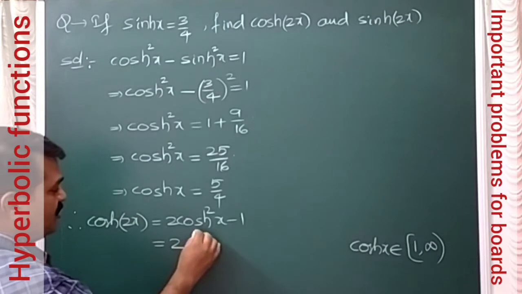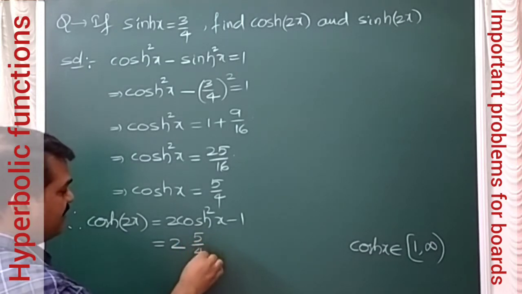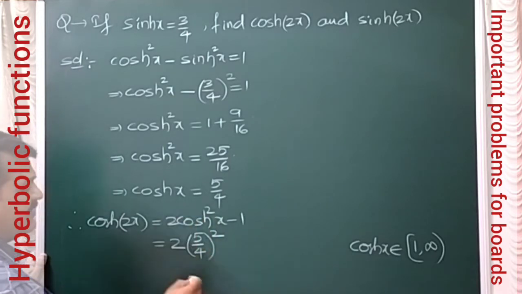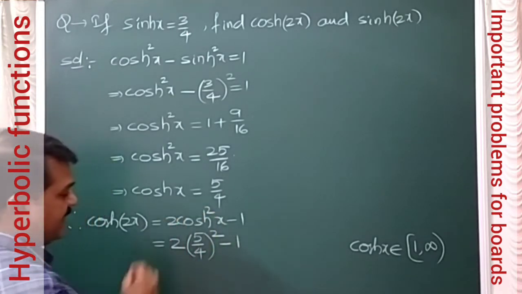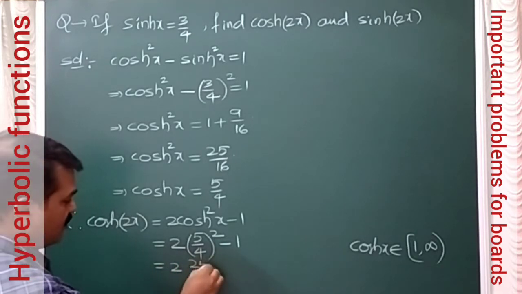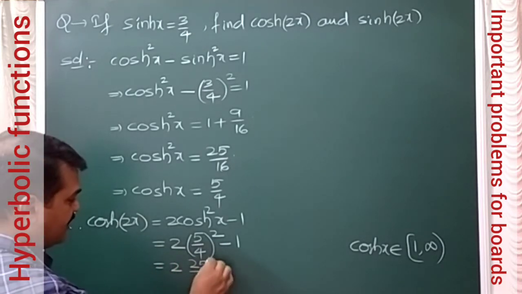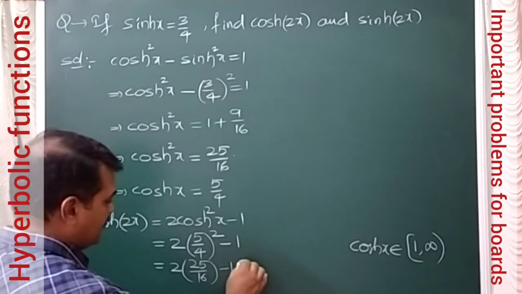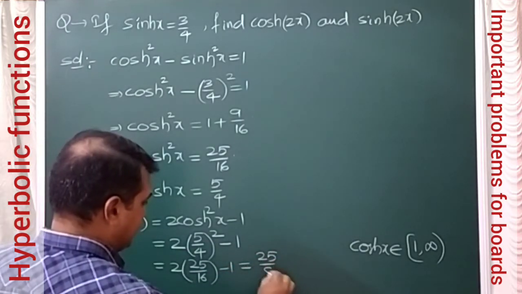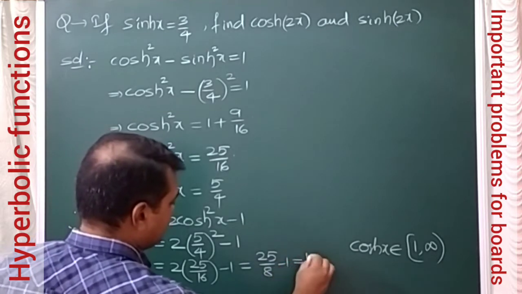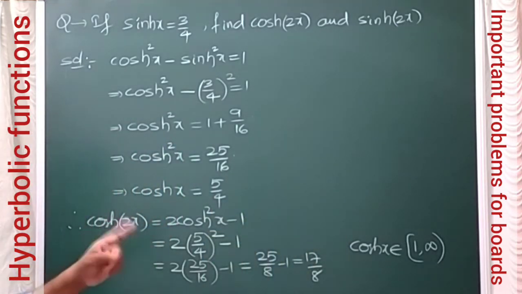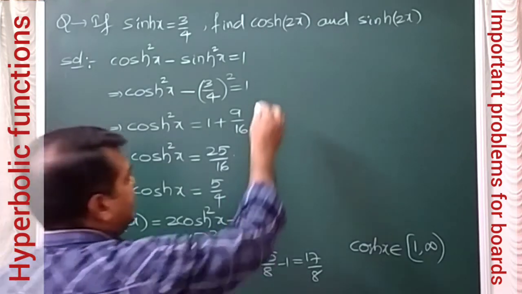Cosh x means 5 by 4, so it is 2 into (5 by 4) whole square minus 1. So this is 2 into 25 by 16 minus 1. That is 25 by 8 minus 1, so 17 by 8. So we got the cosh 2x value as 17 by 8.